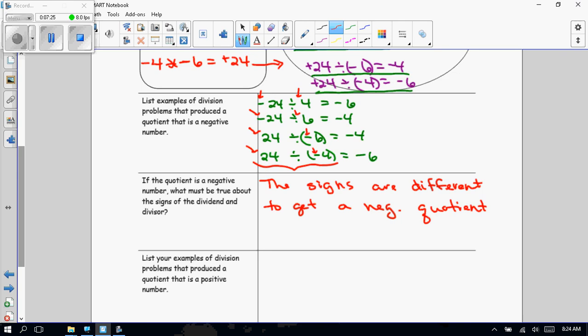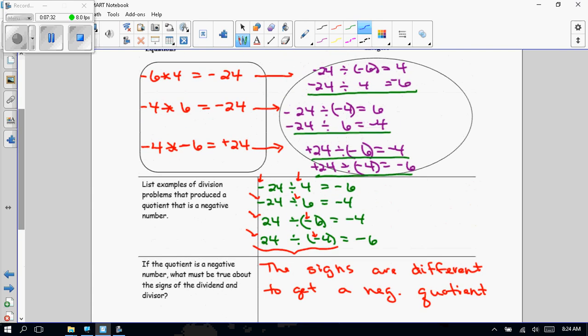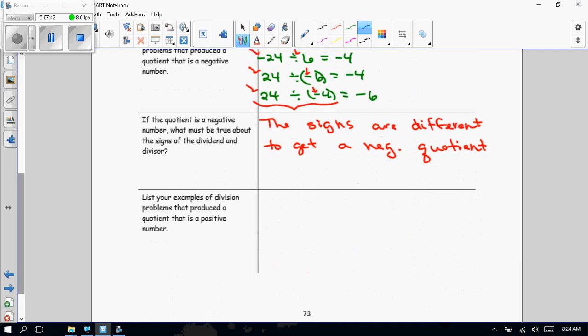All right, well then let's list all the ones that give me a positive value. Let's go back up here. Look at all the ones that gave me a positive value. I'm actually going to toss in 2 more just to help us find the pattern. The ones that gave me the positives were negative 24 divided by negative 6, which gave me a positive 4.